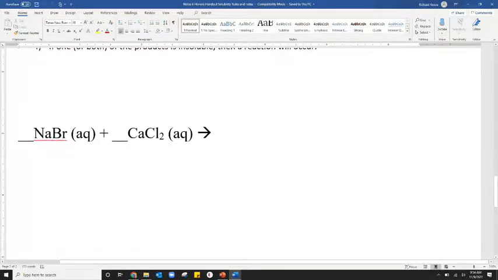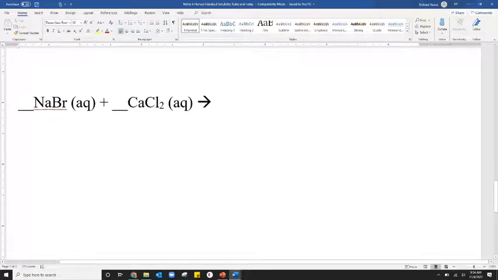This is sodium bromide plus calcium chloride. My very first thing to do is find out whether or not a reaction occurs. So I'm going to put together the sodium and the chloride. I'm going to leave some space for all the AQ stuff. And then I'm also going to put together the other pair.